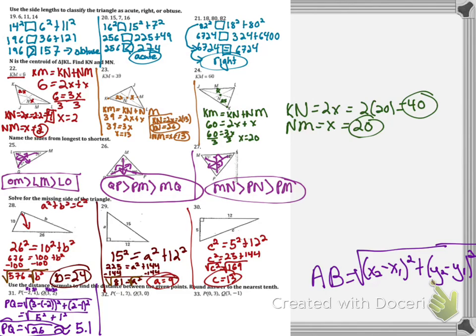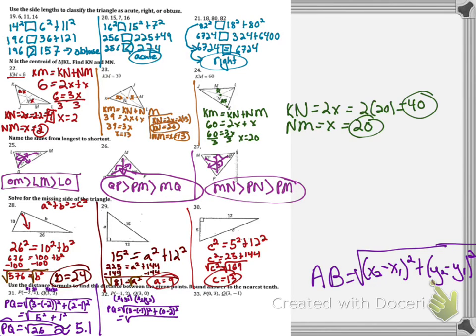Our next one, I'm going to label again x1, y1, x2, y2. Okay, now that I have this, I have the distance PQ equals the square root of x2, which is 3, minus negative 1 quantity squared, plus 0 minus 2, quantity squared.